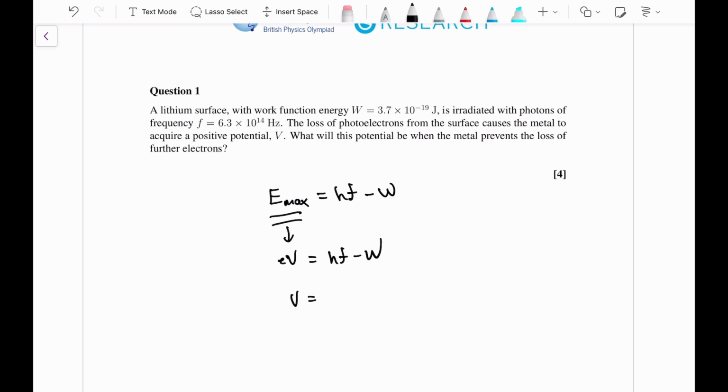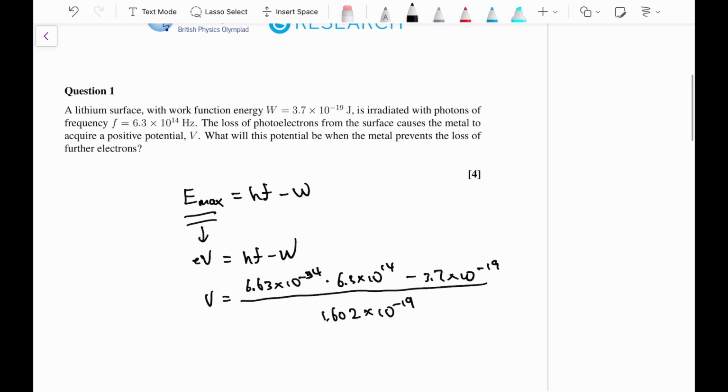So over here, that will be Planck's constant, 6.63 times 10 to the minus 34, times the frequency, which is given as 6.3 times 10 to the 14, minus the work function, 3.7 times 10 to the minus 19, over the charge of the electron, 1.602 times 10 to the minus 19.